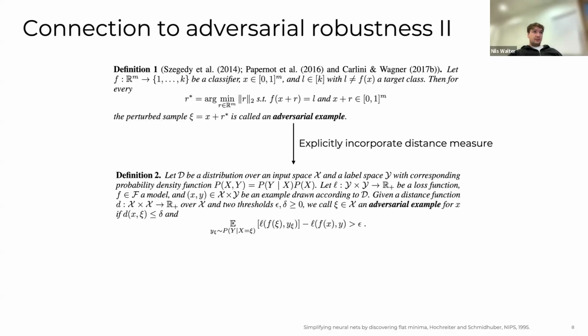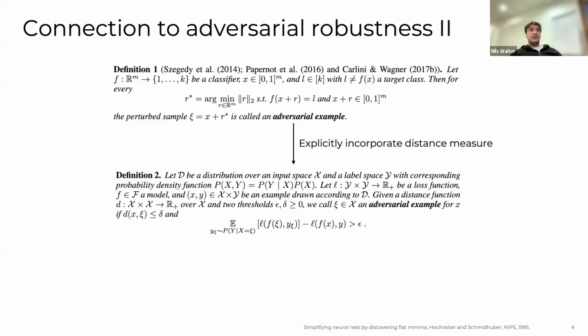Okay, so what you have now is a distribution over your images and your labels. Now, given a distance function and two thresholds, we call an adversarial example eta for an image X if the distance is smaller than this delta. Standard adversarial examples are what you have in this part. And then what we want is that even under small changes, our loss changes a lot.